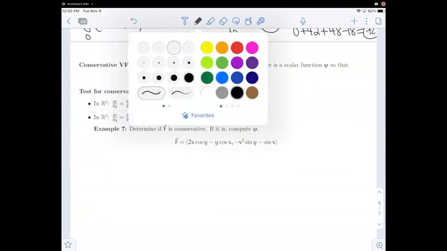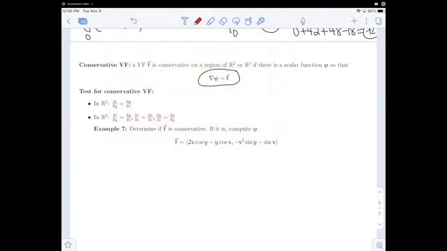Okay, let's go ahead and make this claim right here. Not every vector field is conservative. This is important. Not every vector field is conservative. There are a lot more vector fields that are not conservative. Keep that in mind because there are some theorems that we can apply only to conservative vector fields.